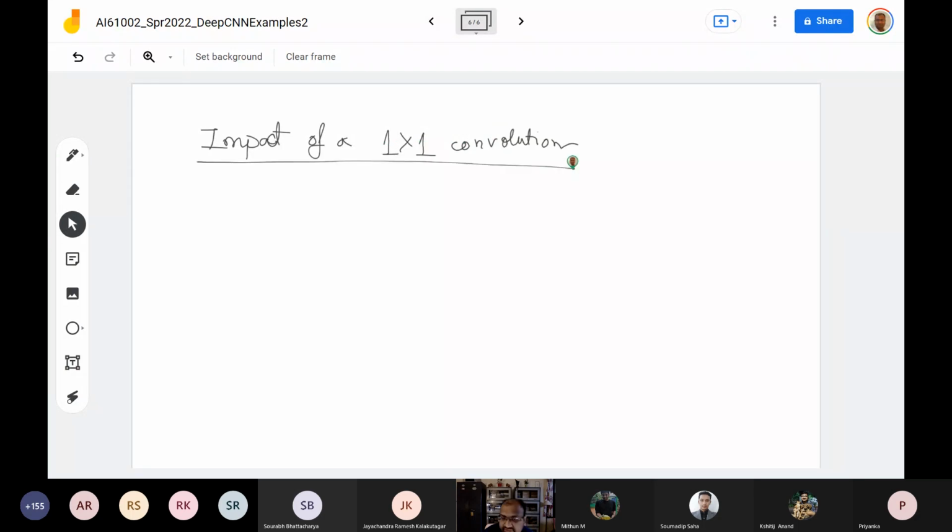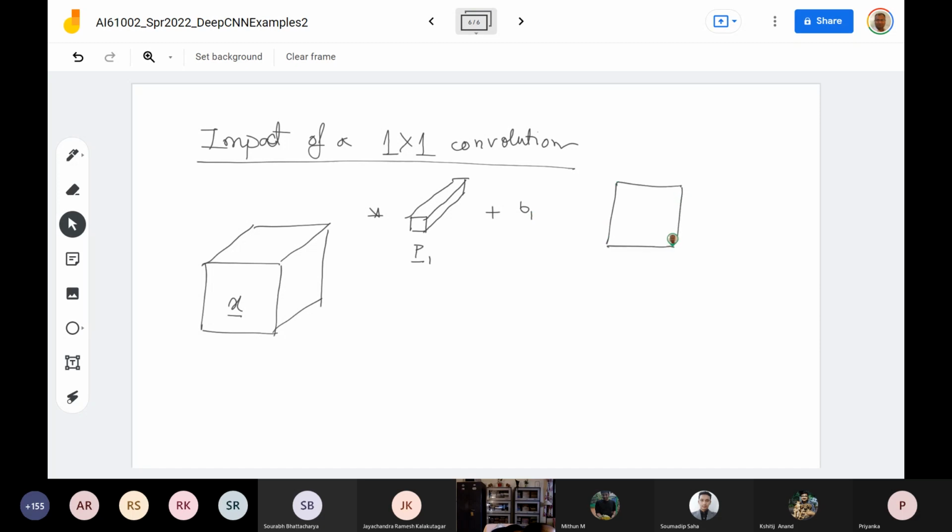So let us look into what is the effective impact of these 1 cross 1 convolutions. Say I have this tensor X, and I have a 1 cross 1 convolution kernel. This is my P1, the first such convolution kernel, and my resultant is going to be something like Y1.